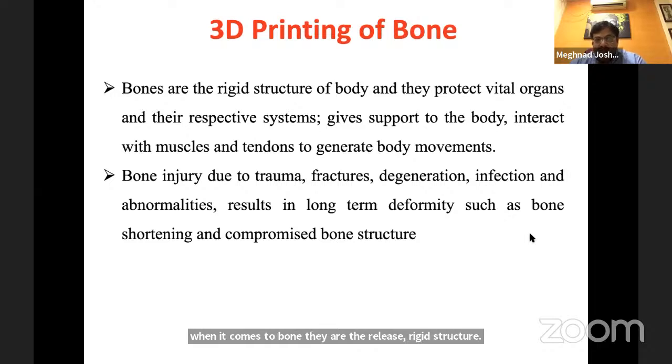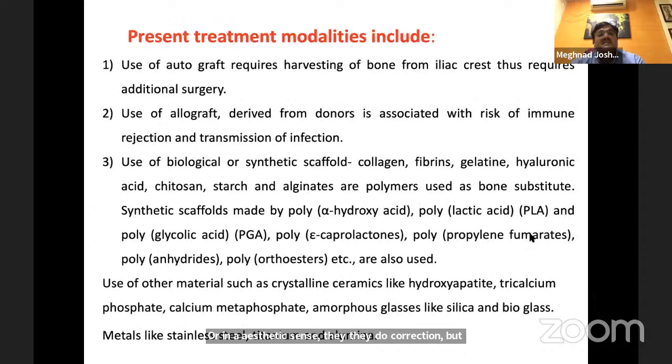Due to trauma, fractures, degeneration, infection, and abnormalities, long-term deformity can result. In such situations there are very limited treatment modalities available to the patient, because injuries due to accidents have a tremendous effect on the patient, and you don't have an alternative in terms of regeneration or in an aesthetic sense. They do correction, but when it comes to quality of life, we still have a lot of limitations.